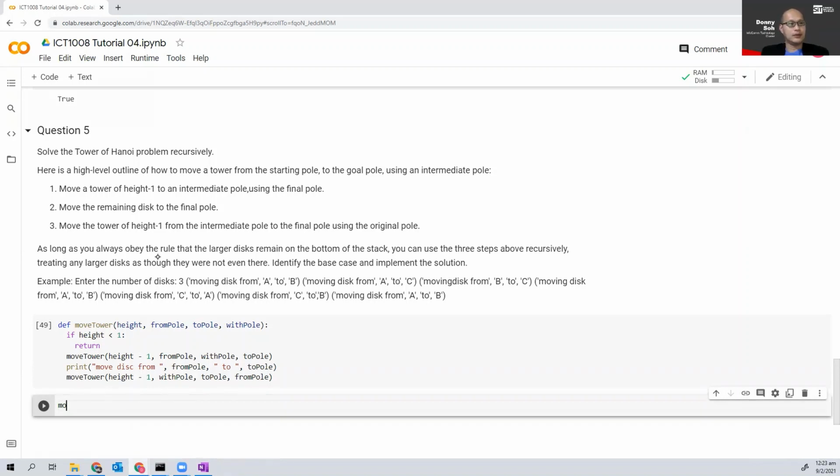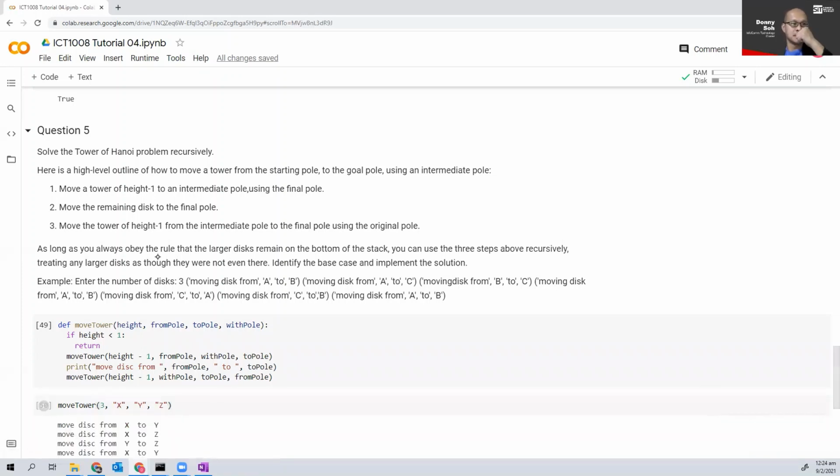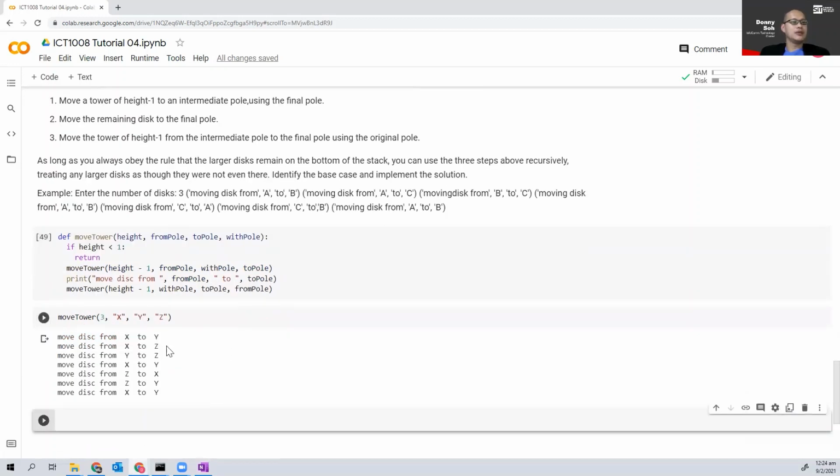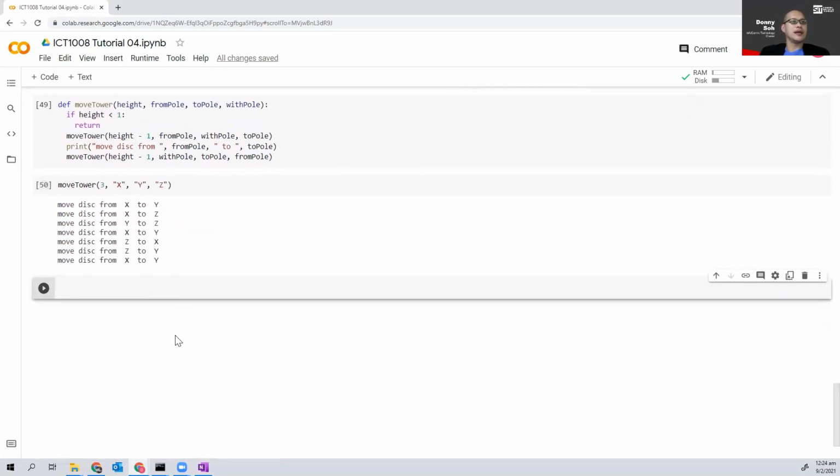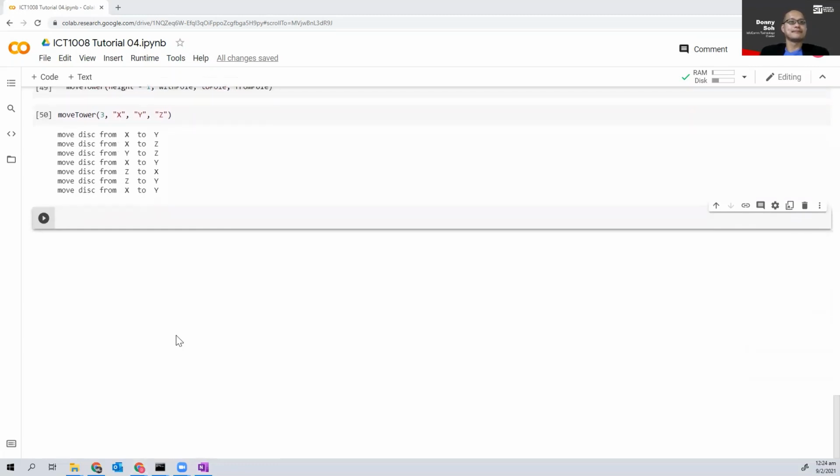So if I want to move tower 3, let's say A, B, I should be consistent. I use X, Y, Z. Yeah. So this is it. So this is how we solve the Towers of Hanoi problem.